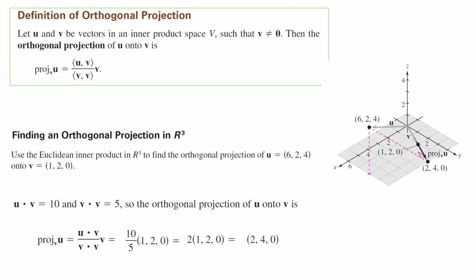So you found a scalar multiplied by vector v. Pay attention here. This is a scalar that you found, and then you multiply that by vector v. And that is basically the orthogonal projection of u onto v.